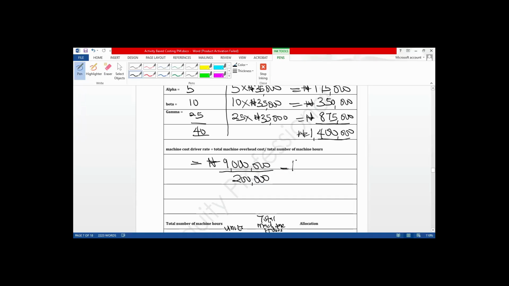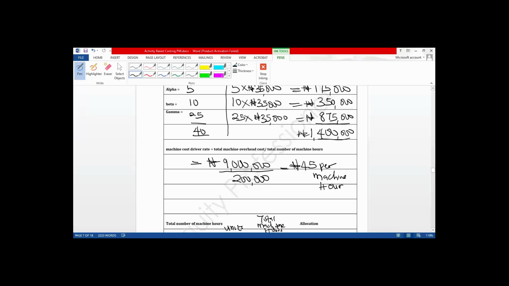What is the cost driver rate for machine? 45 naira per machine hour. That is the correct thing to do. Per machine hour is going to be 45 naira.